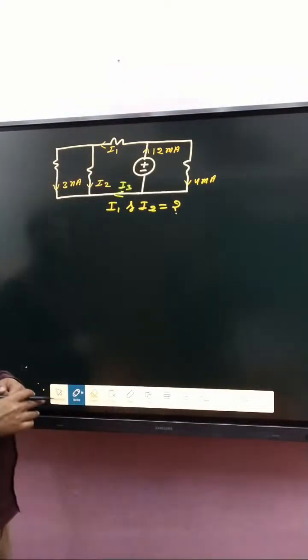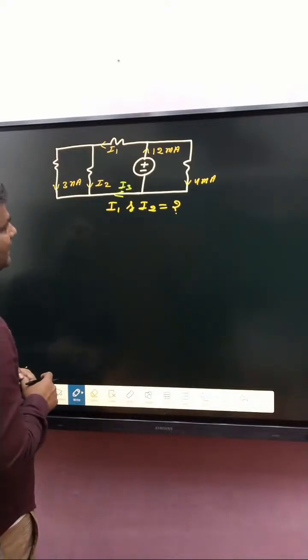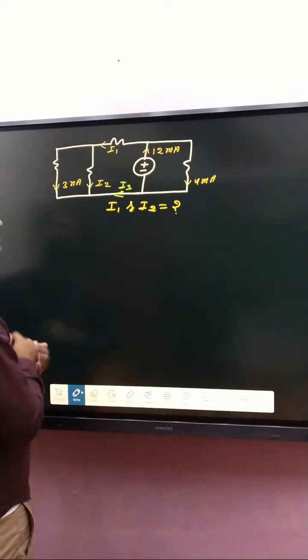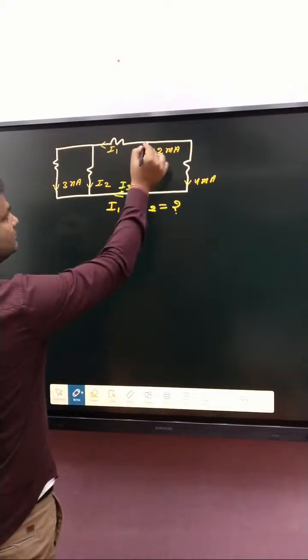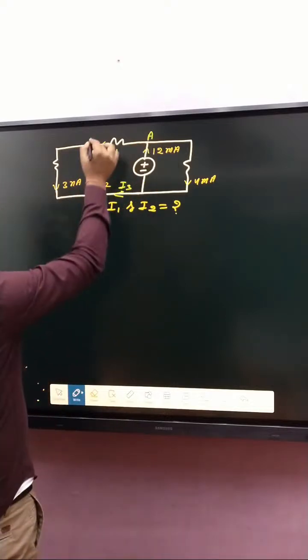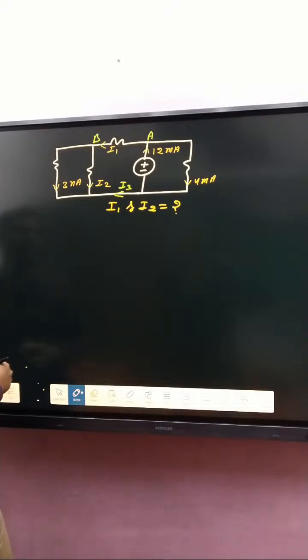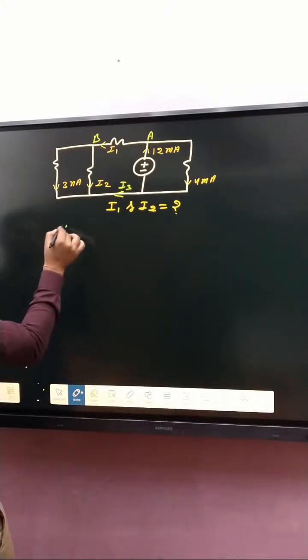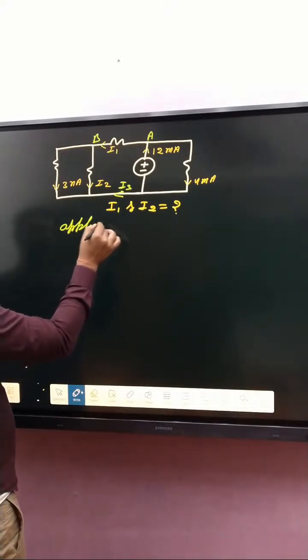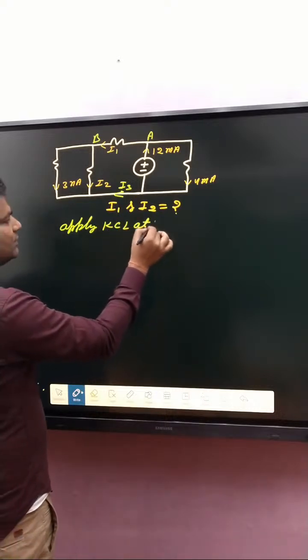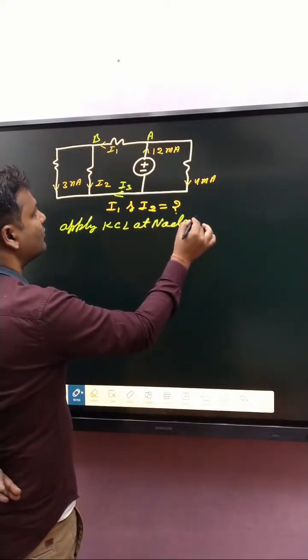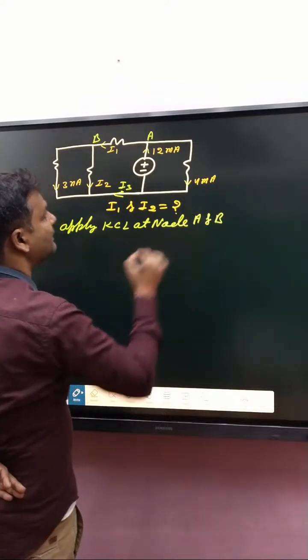After that, apply KCL, KVL, and decide the nodes, that node and that node. Apply KCL at node A and after that B.